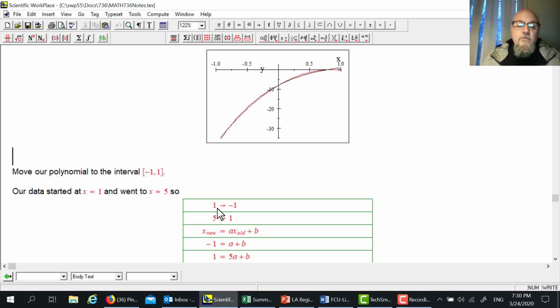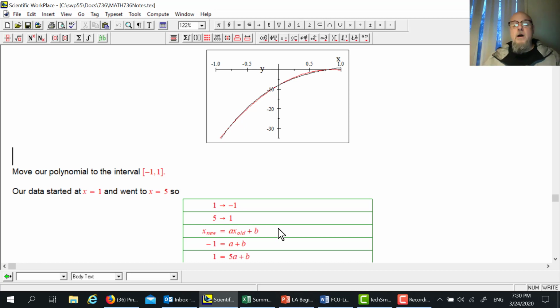I want our old x of 1, our first x, to be a new x of -1, and our old x of 5 to be a new x of 1. So I'm going to do a linear transformation, just squishing and moving over.